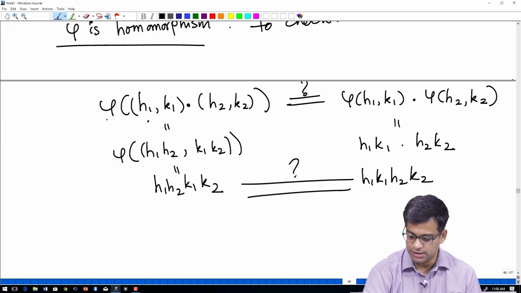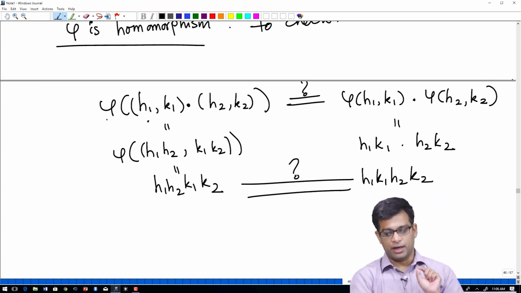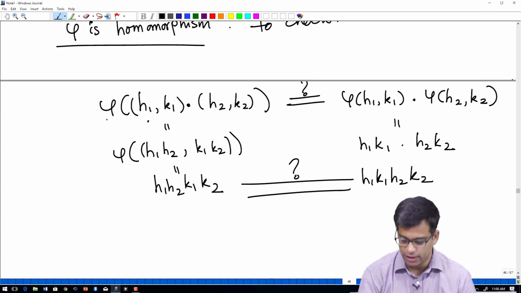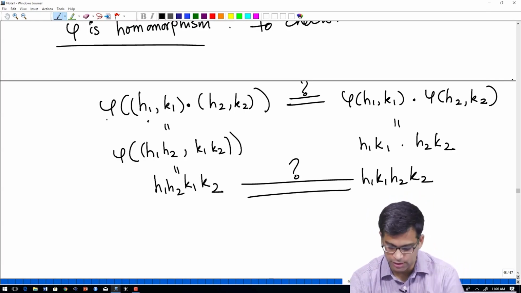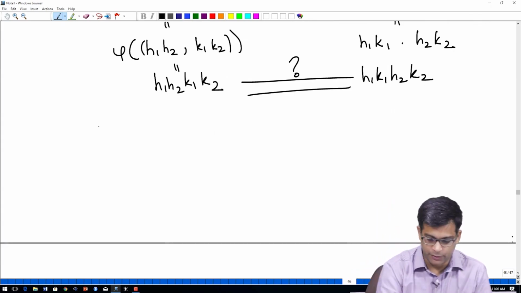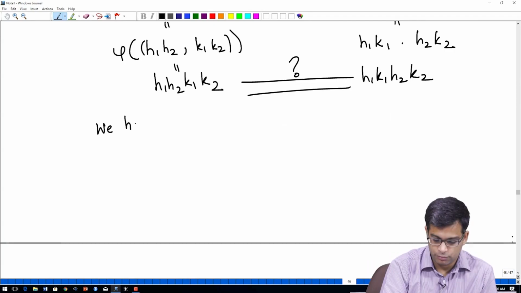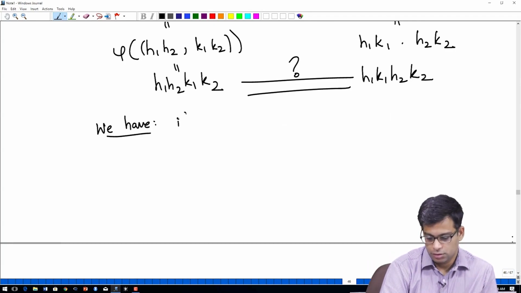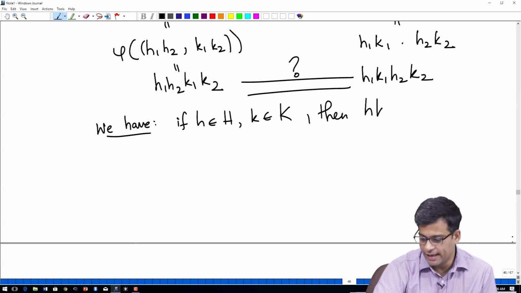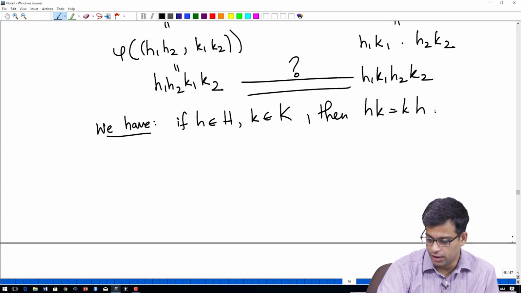So now the question is, are these equal? You must remember that I am not necessarily assuming that G is abelian. If G is abelian, of course it will follow immediately that these are equal, but I am not assuming that. However, I claim that if h is in H and k is in K, then they commute.